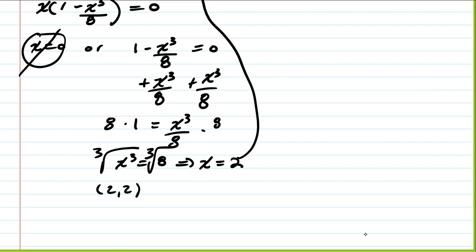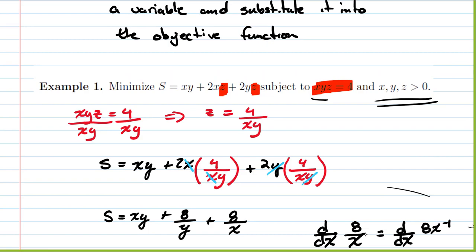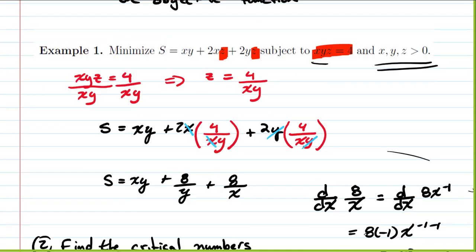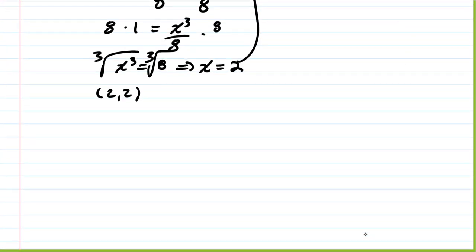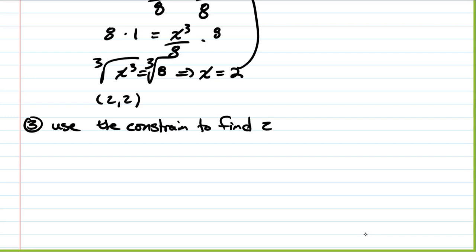But let's go back to our constraint. Now we're going to use the constraint to find z. So our constraint is x times y times z is equal to 4.